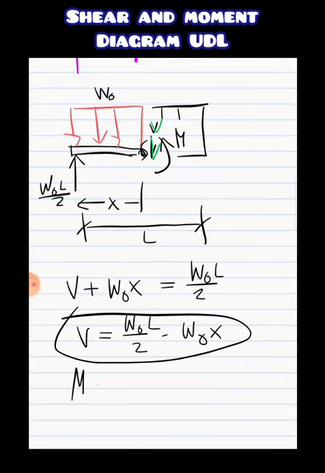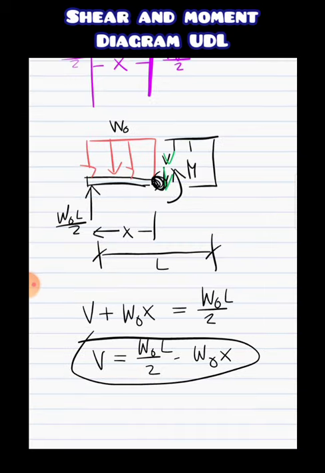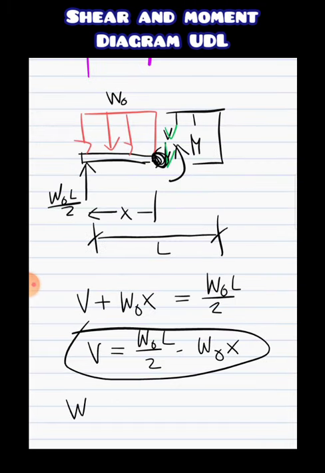Now for the moment, our moment will be about this point. Again, all the counterclockwise must be equal to clockwise. So the clockwise moment here is WL over 2, and its moment arm is X. And what else? This moment is opposite, right?